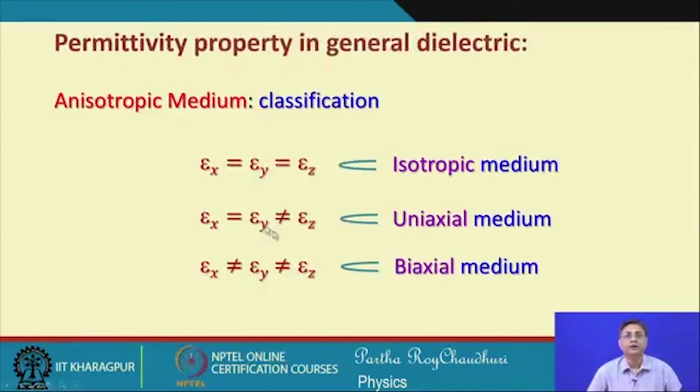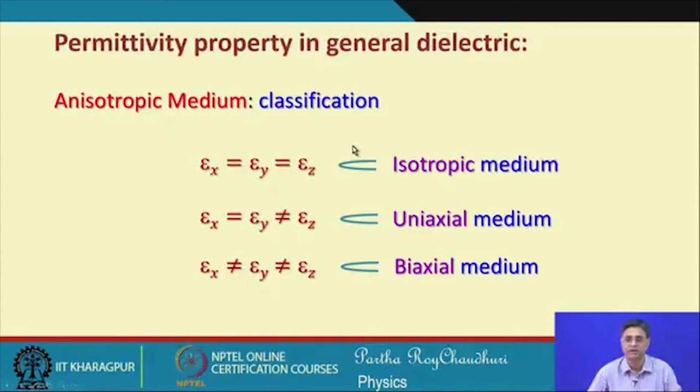So, for an anisotropic medium, there are possibilities that epsilon x, epsilon y and epsilon z may be related in some way or other. For example, if epsilon x, epsilon y and epsilon z are all equal, that means the electromagnetic wave is direction independent, then we call the medium an isotropic medium.